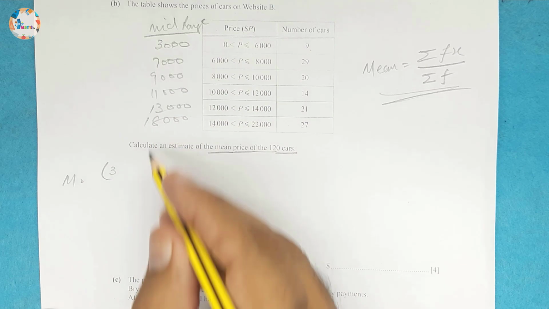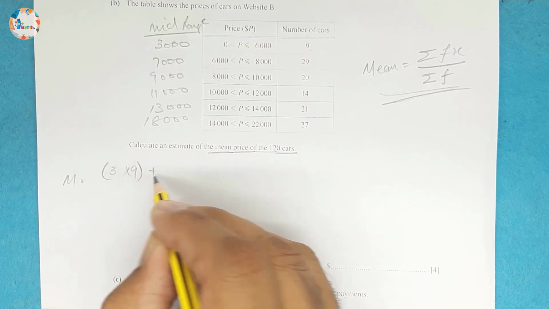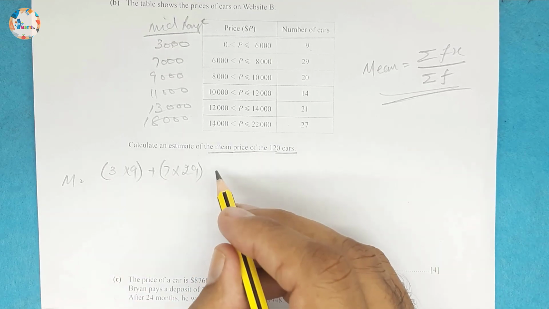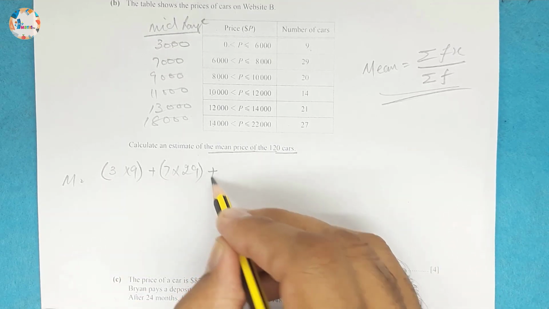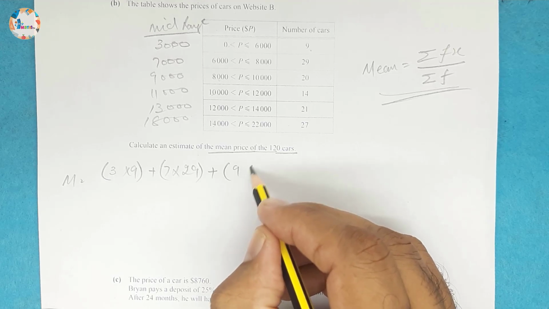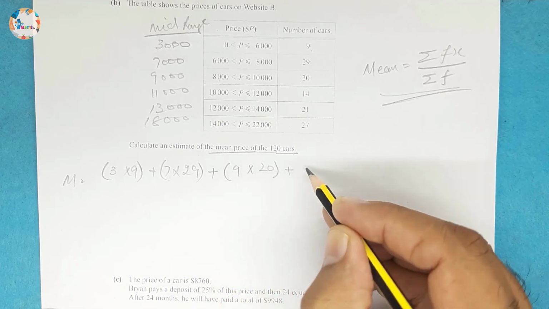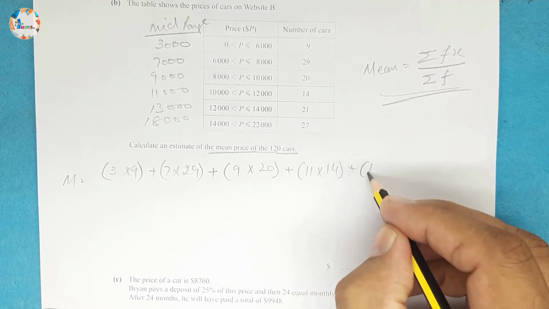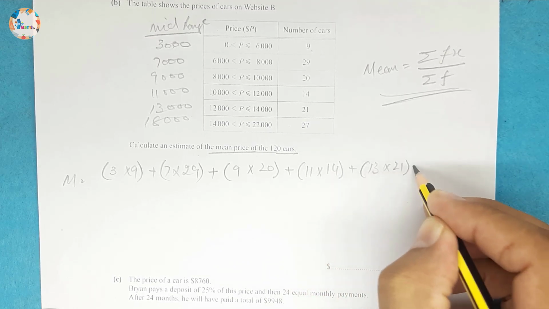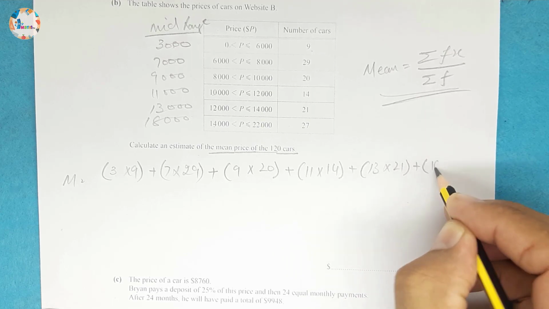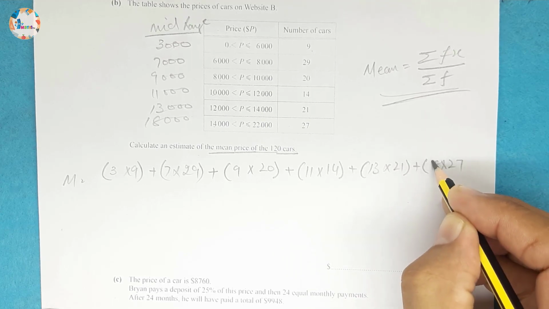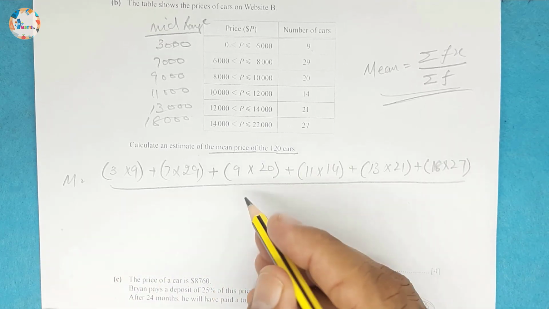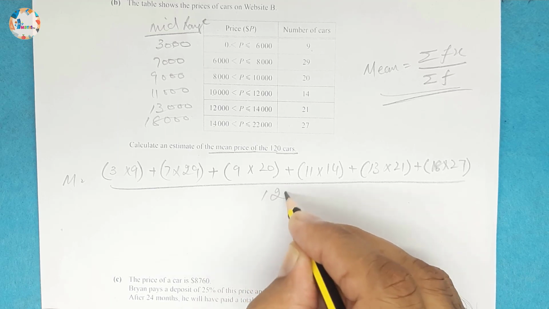So this is 3,000 multiplied by 9 plus 7,000 multiplied by 29. The answer will be in thousands. So plus 9,000 multiplied by 20 and plus 11,000 multiplied by 14 plus 13,000 multiplied by 21 and plus 18,000 multiplied by 27, and the whole will be divided by the total number, which is 120.